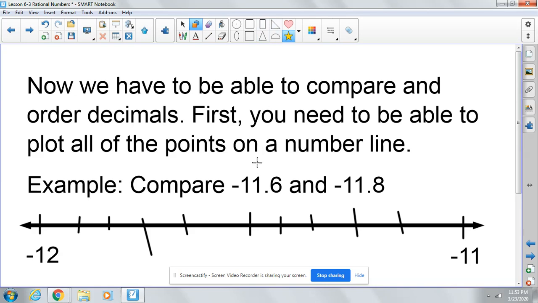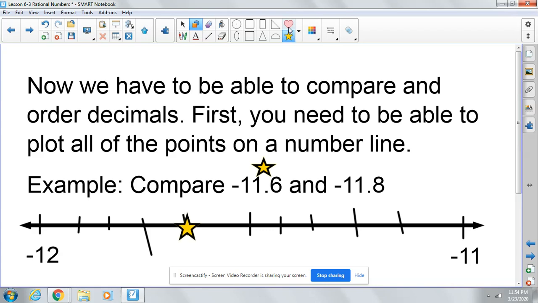I'm going to make a star for negative 11.6. So I start with negative 11.0. This is negative 11.1, negative 11.2, negative 11.3, negative 11.4, negative 11.5. This is negative 11.6.